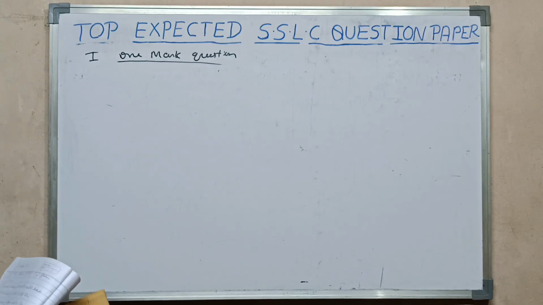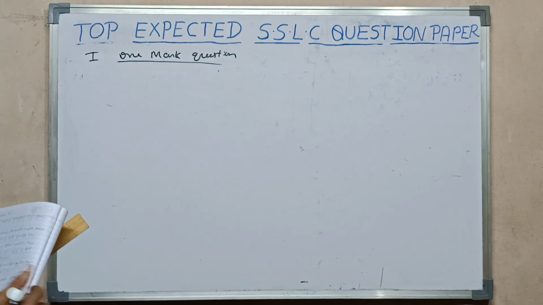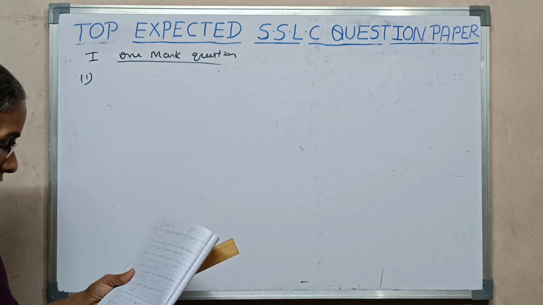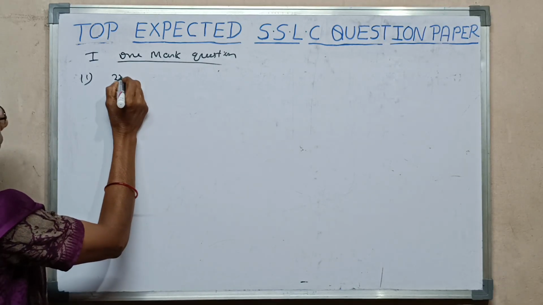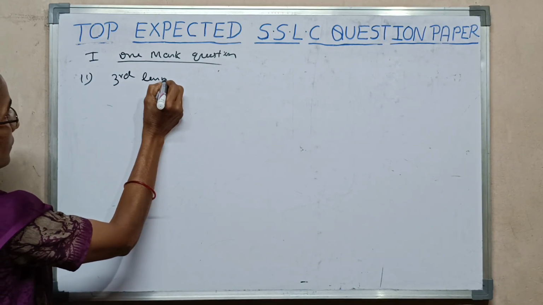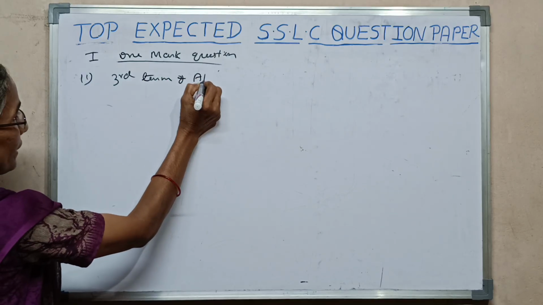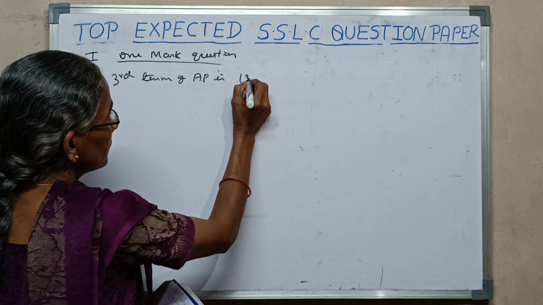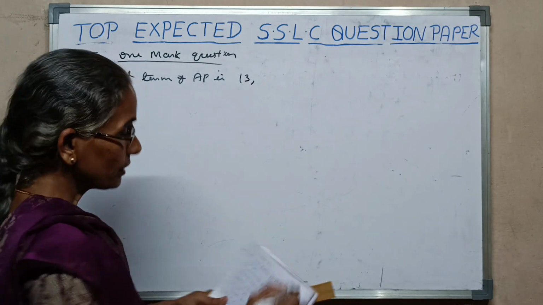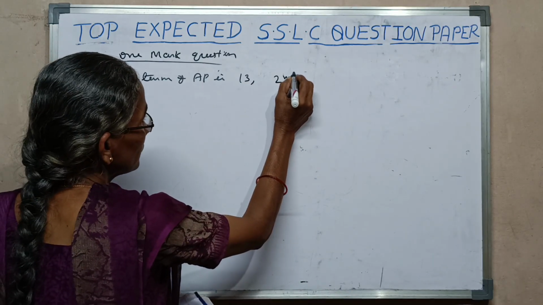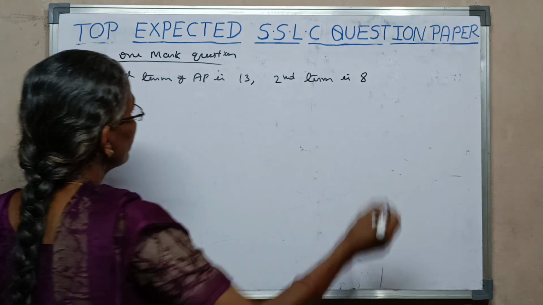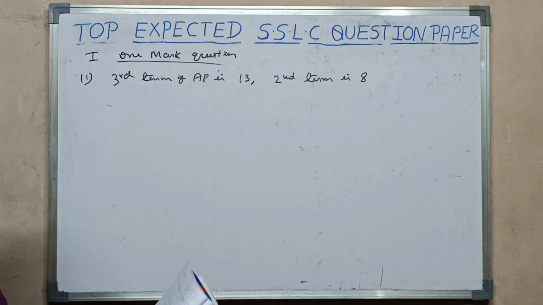Next, 11th question. The third term of an AP is 13, the second term is 8. Find the first term.